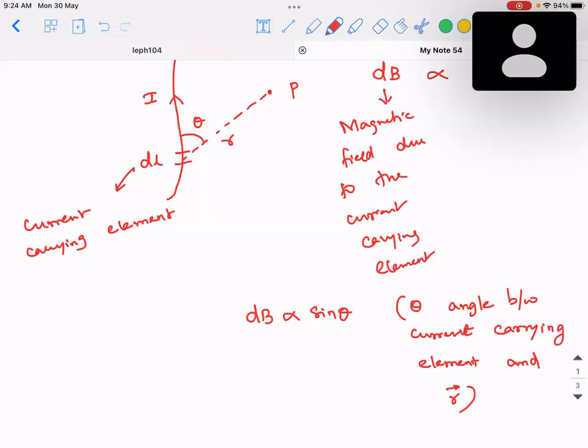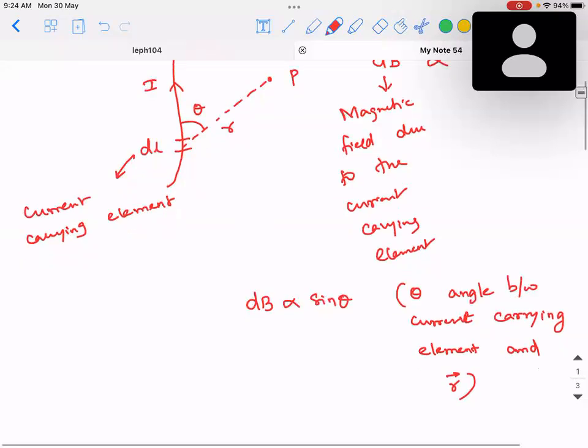The next one is dB is observed to be inversely proportional to r square.